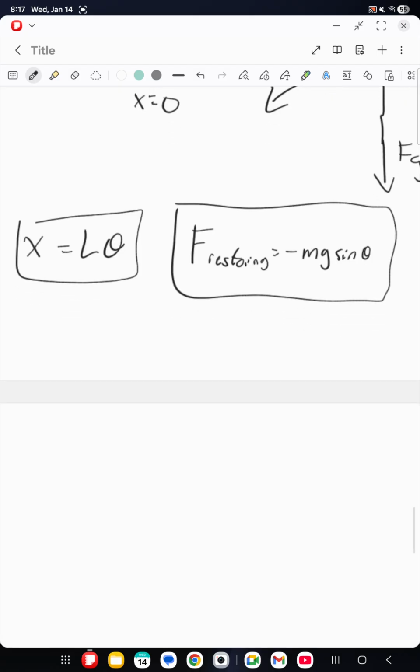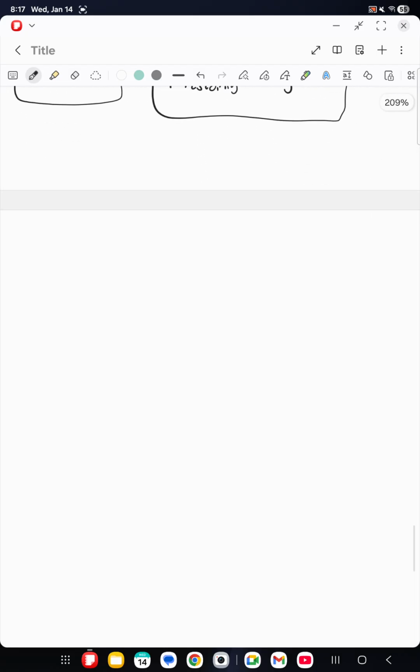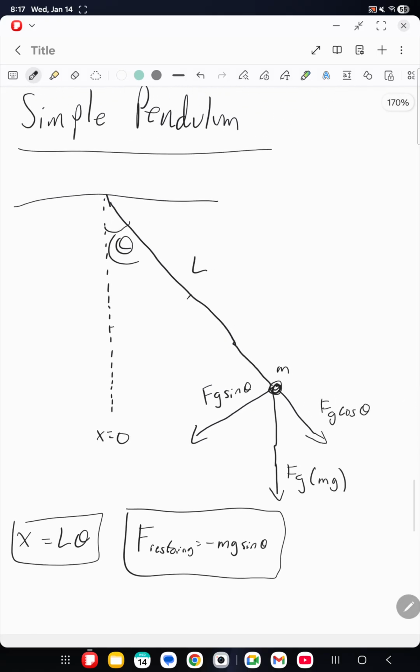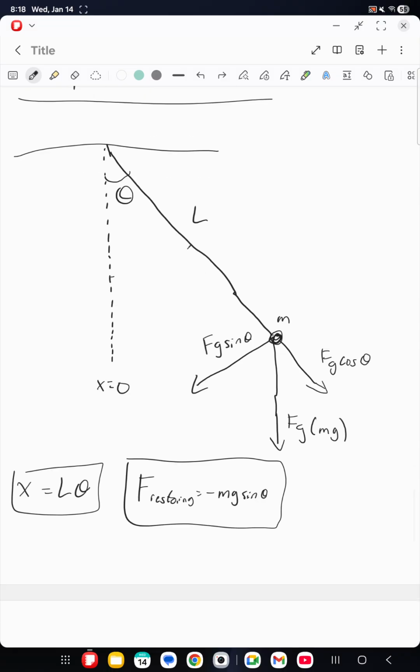So we can derive the pendulum simple harmonic motion. We could start, for instance, just like we did before, but here's the difference. Here we will work with angular things, right? We will work with angular displacement. So we'll do something very similar to what we did for the spring mass simple harmonic motion, but we'll do it in the rotational analogs.